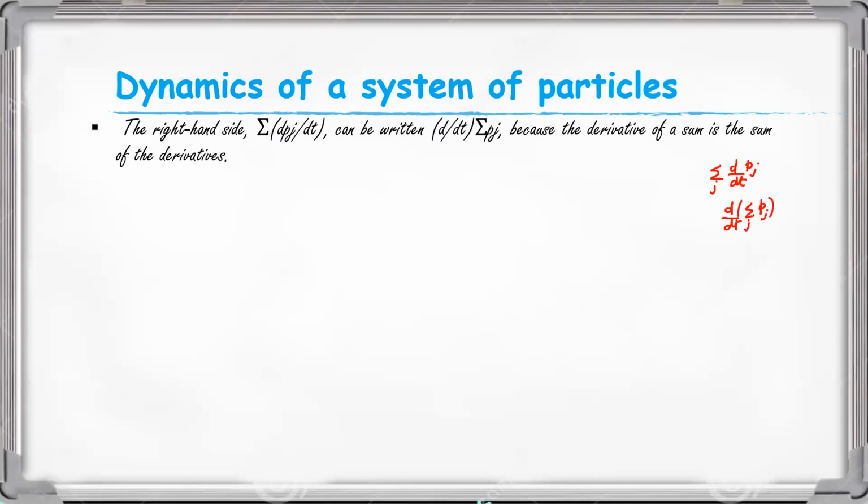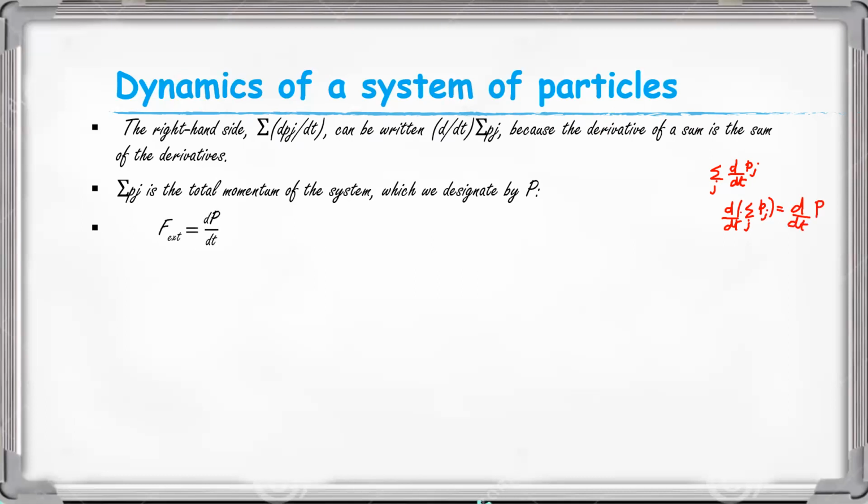What is summation j pj? Summation j pj is equal to the total momentum. So we write the total momentum as capital P. So it will become d by dt of capital P. So we write F external is equal to dP divided by dt.